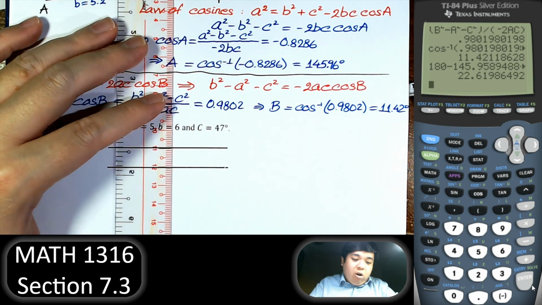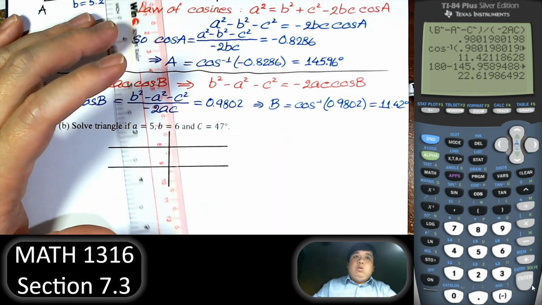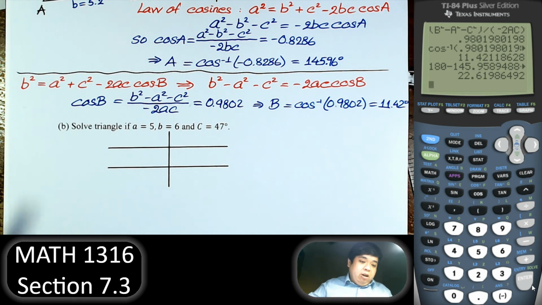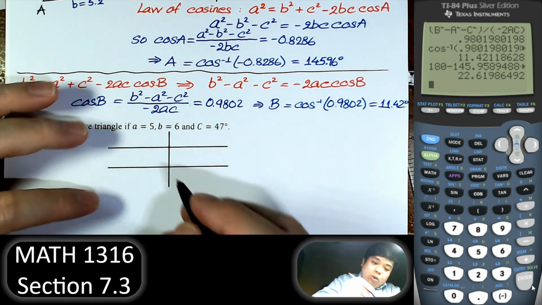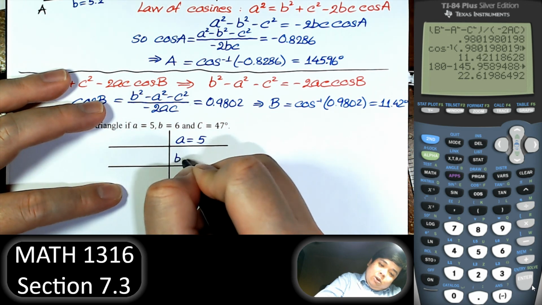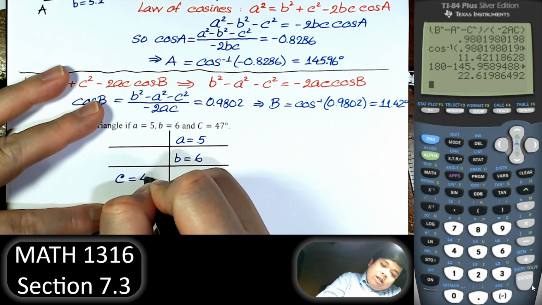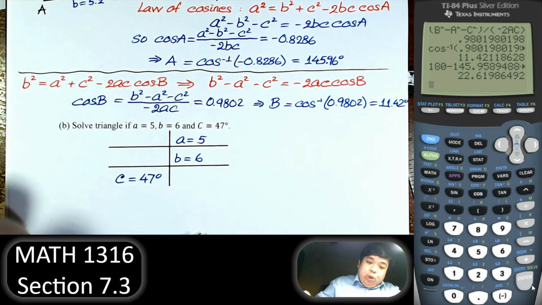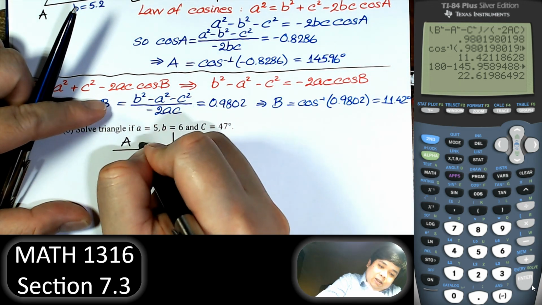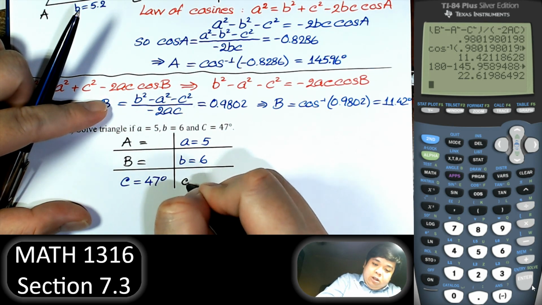If we're not drawing the triangle, at least draw the summary, so it will be very helpful. What we have is side a is equal to 5, side b is equal to 6, and angle C is 47 degrees. We do not know A, B, or c.